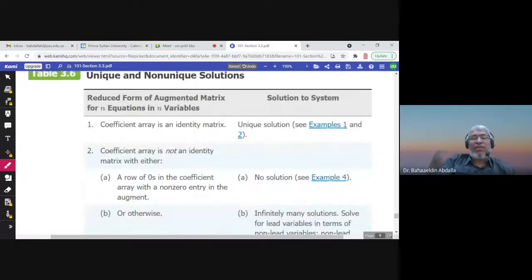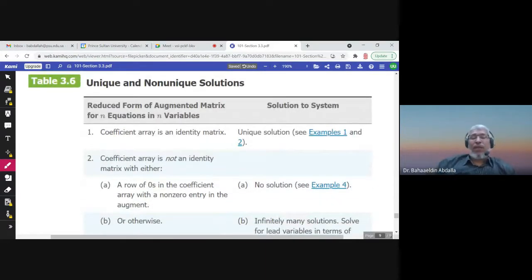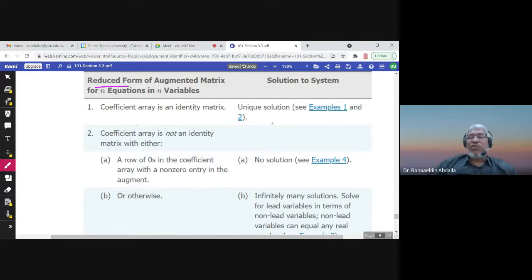So this is the summary. When we write the augmented matrix into the reduced form, if the system has a unique solution, we will be able to write the coefficient matrix as the identity matrix.